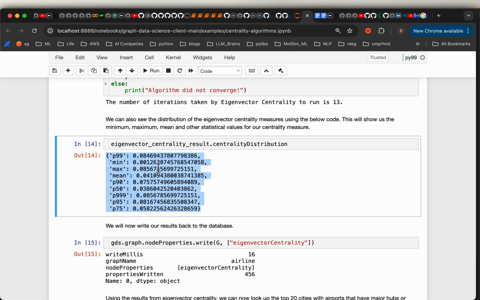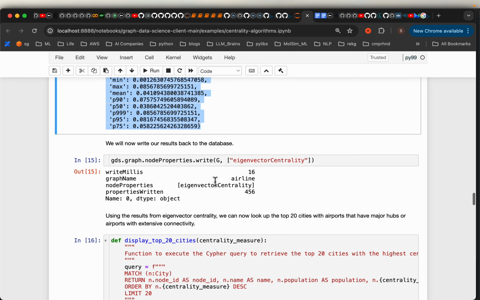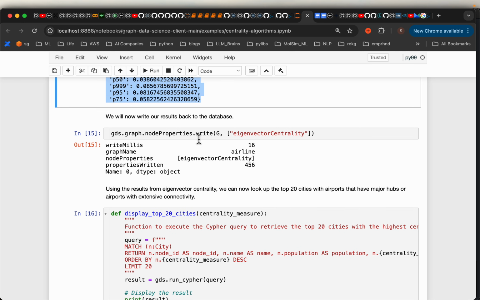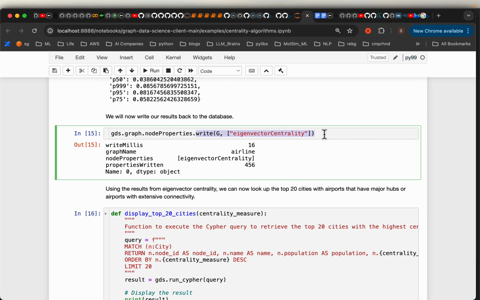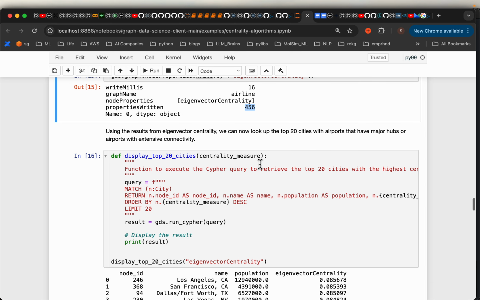Just the standard statistical measures like min, max, median, some percentiles, 90th, 99th percentile, and so forth, right? But now let's write the result to the actual database so we can persist the results, right? So similar to mutate, here we are using write, we are writing the result back to the graph database. So it says 456 properties have been written.